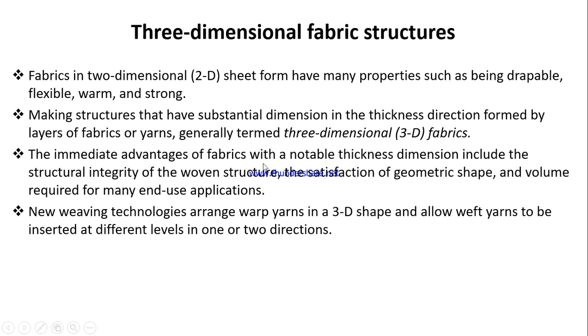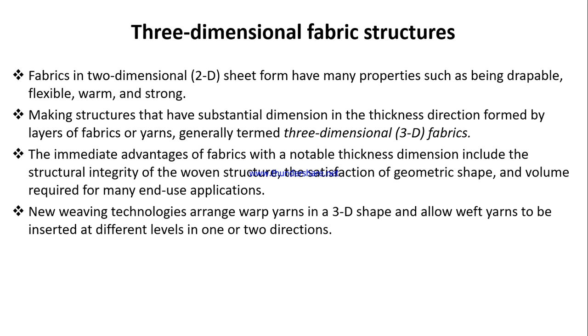The immediate advantage of fabrics with a notable thickness direction includes the structural integrity of the woven structure. If we improve the notable dimension in the thickness direction, then it is possible to obtain structural integrity of the woven structure.